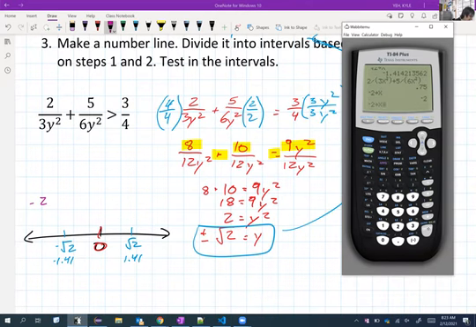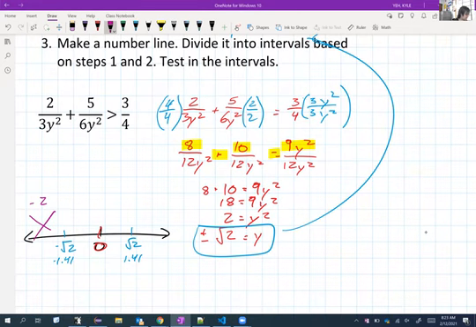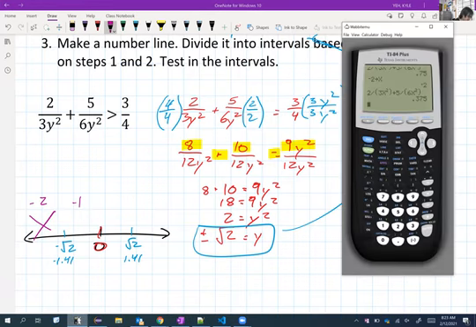I'm going to plug it into that equation I already typed out. And if it's greater than 3/4, then we're in good shape. We should include this. 0.375, that is not greater than 3/4, not greater than 0.75. That did not work. Maybe I'll test negative 1, because that'll be in between 0 and negative 1.41.